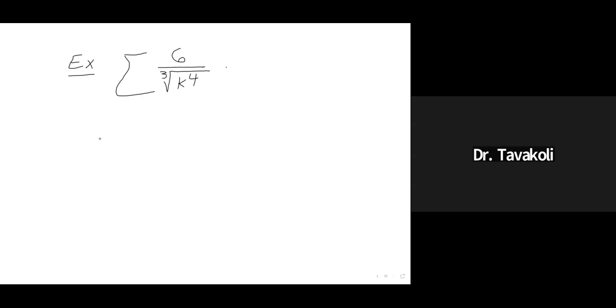First of all, notice that k runs from 1 to infinity. Since all the terms have 6 in common, I can factor 6 out, leaving 1 over cube root of k to the 4. So that 6 doesn't affect the nature of convergence or divergence of this series. In the denominator, cube root of k to the 4 is k to the power of 4/3.